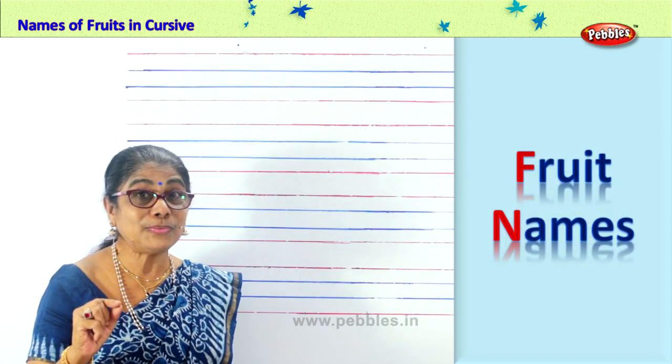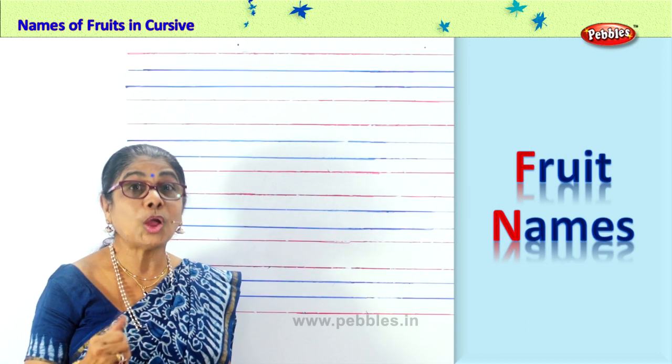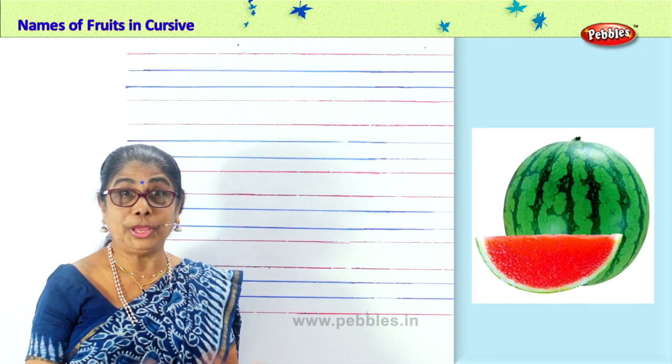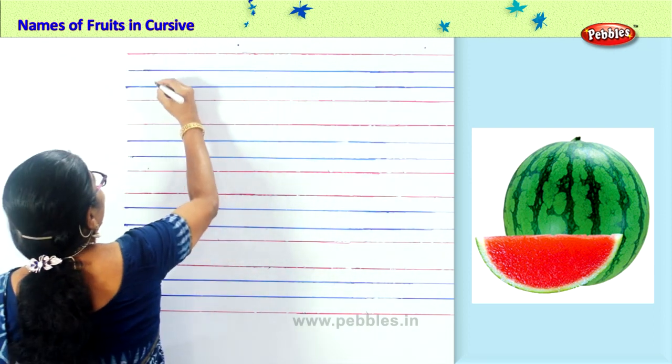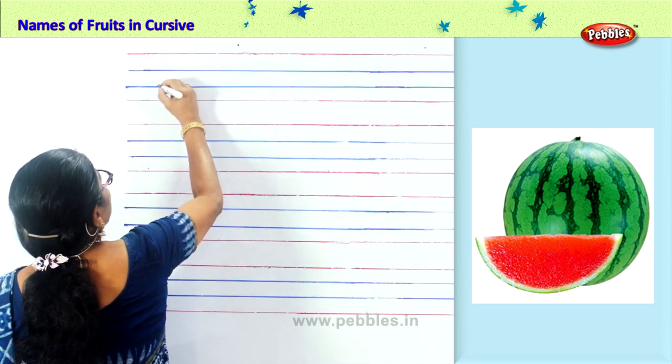Now let's write another fruit. What fruit shall we write? Watermelon. Big watermelon. Alright? Now, let's write. Spell watermelon.